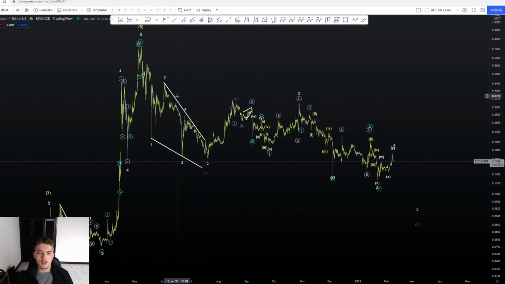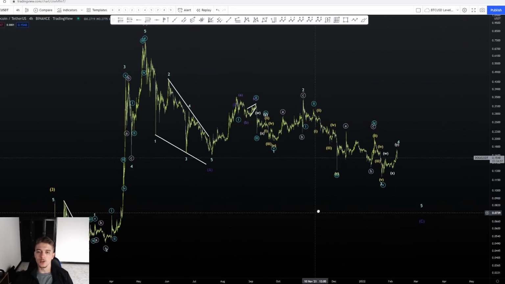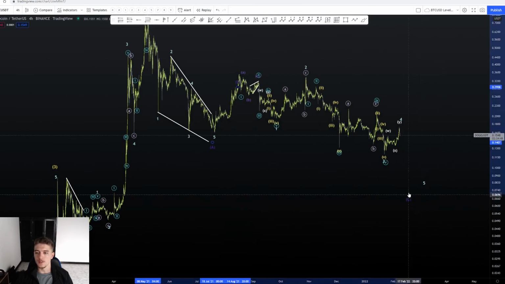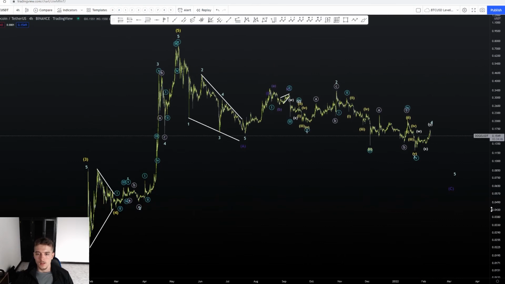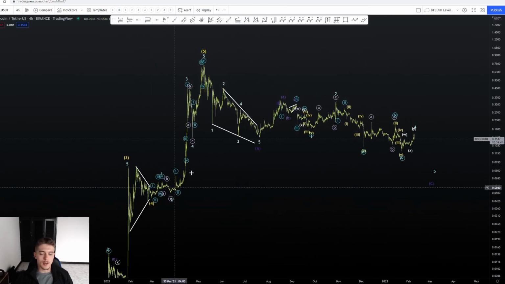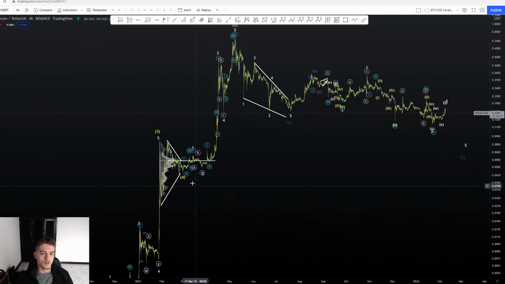Alright, so assuming this zigzag count is correct, we're going to go ahead and try to find some targets to the downside that we could be looking out for the bottom of this wave C, assuming it hasn't yet completed. If this is a 1, 2, 3, 4, and we have yet to come down for this wave C. So first of all, I'm going to be looking for this order block right here, which we could see the point of control right here would be around 5.6 cents, 5.7 cents.